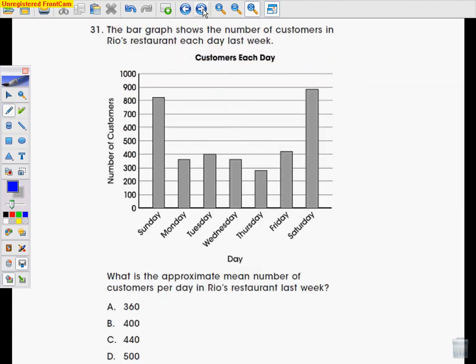The bar graph shows the number of customers in Rio's restaurant each day last week. What is the approximate mean number of customers per day in Rio's restaurant last week? Once again, we find mean by taking the sum, adding up all of the entries, and dividing by the number of entries you have.